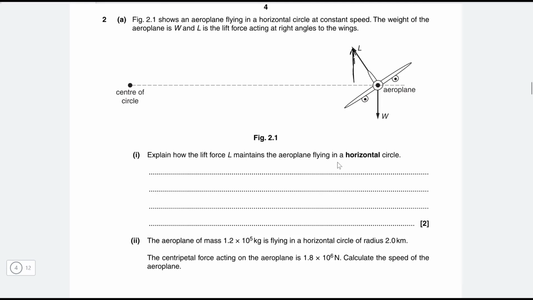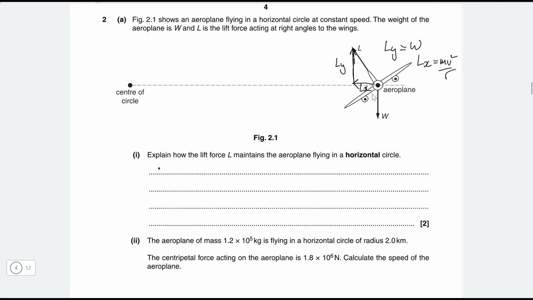So this is essentially a vectors question. The vertical component of L will have to be equal to the weight of the airplane. So the two will cancel out, and the horizontal component will be providing the centripetal force. So this here will be Ly, which will be equal to the weight, and Lx will be providing the centripetal force, mv squared over r.